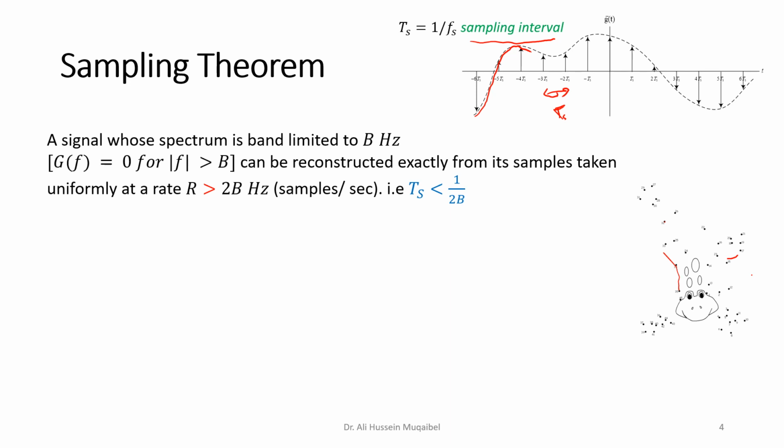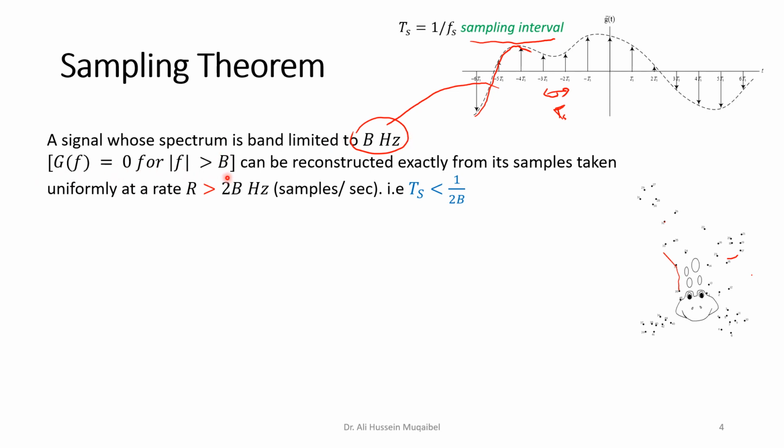It says a signal whose spectrum is band limited to B Hz, so the bandwidth of the original message is B Hz. The meaning of band limited is restated here.